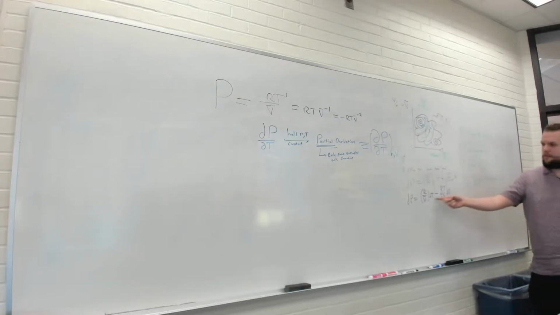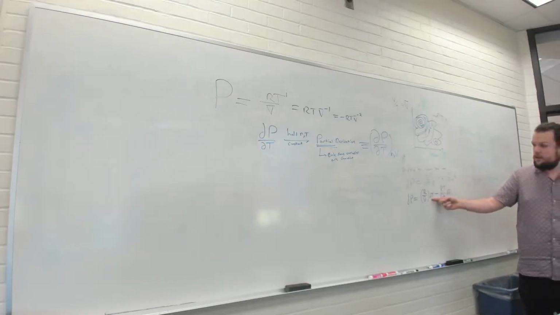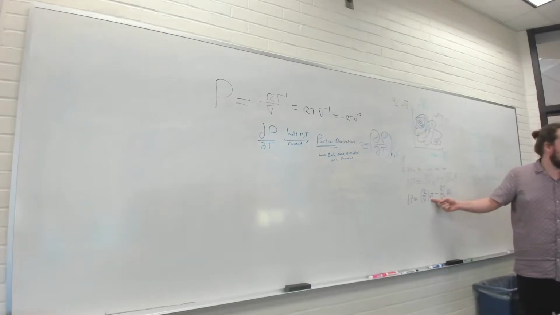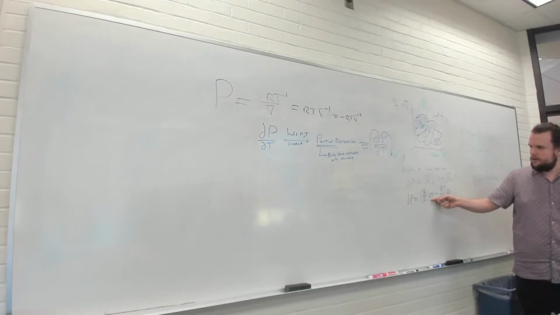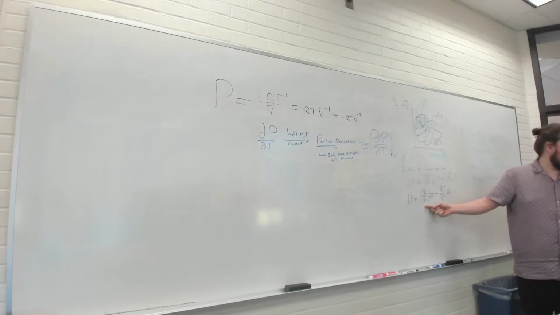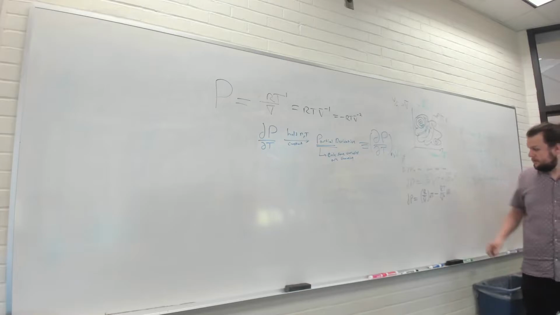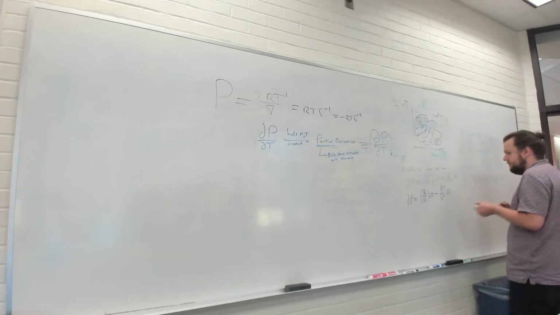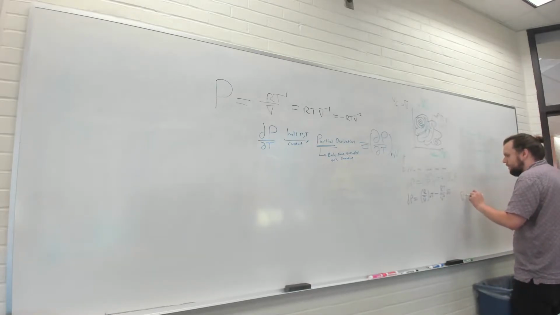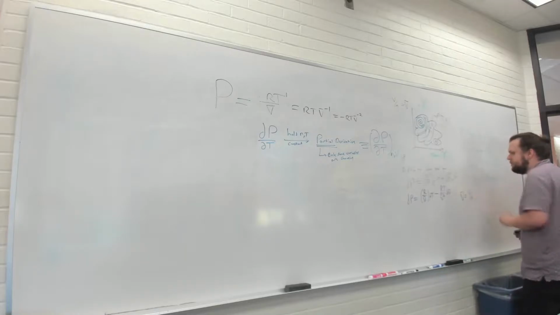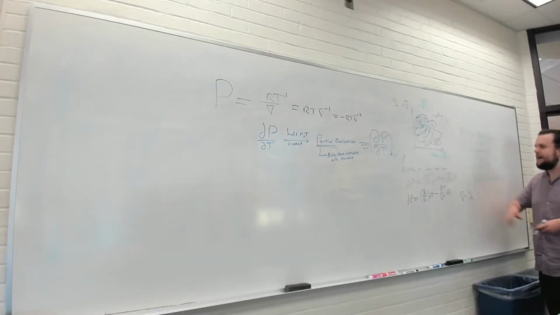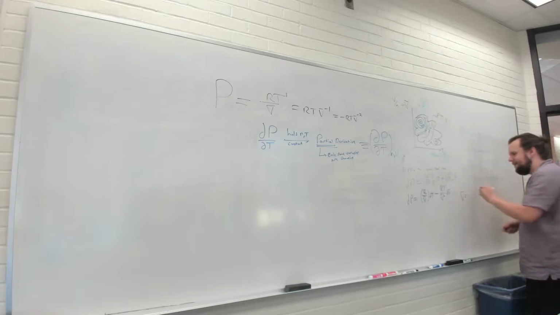If we jiggle temperature a little bit, for instance, let's say we change temperature by 1, so dT is 1, then pressure is going to change by a factor of R over V bar. Let's remember that V bar is volume over moles. No, it's not, I always get that wrong.